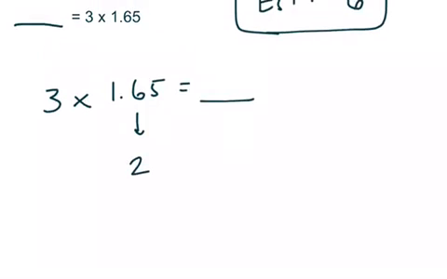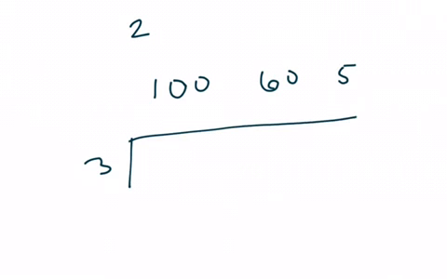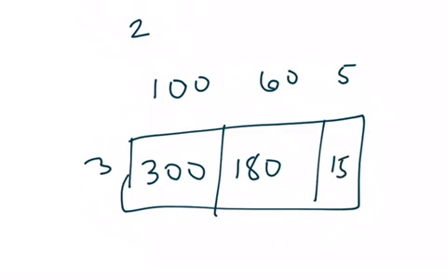So let's see. My original problem, I'm going to say it's 165 times 3. 3 times 100 is 300. 3 times 6 is 18. Add the 0. 3 times 5 is 15.